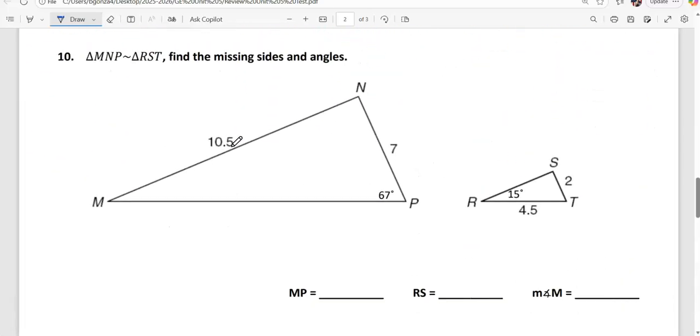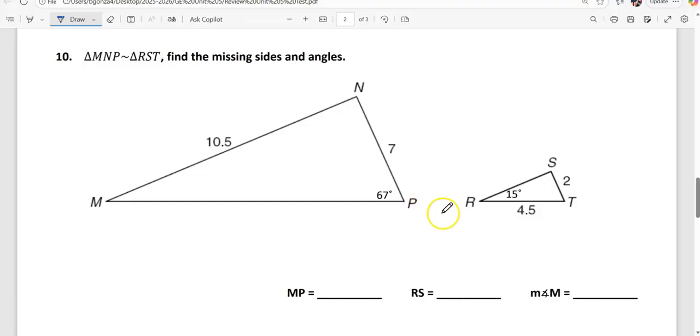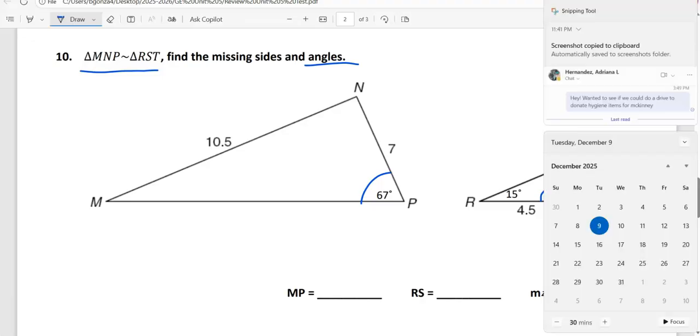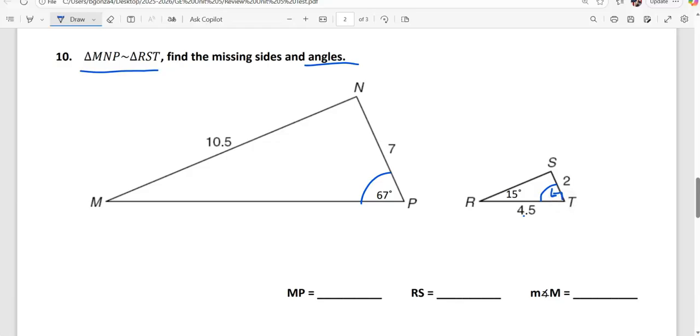Number 10, find the missing sides and angles. Now, if we know they're similar, then the angles are congruent. So this is 67, this is 67, 67. And then if this is 15, this is 15.